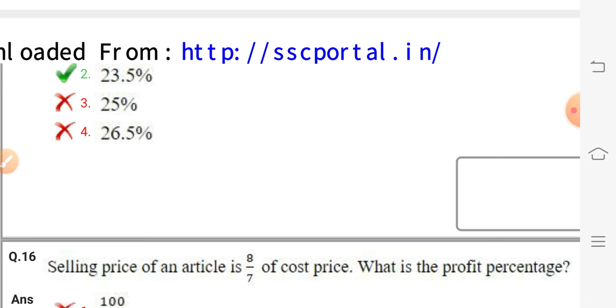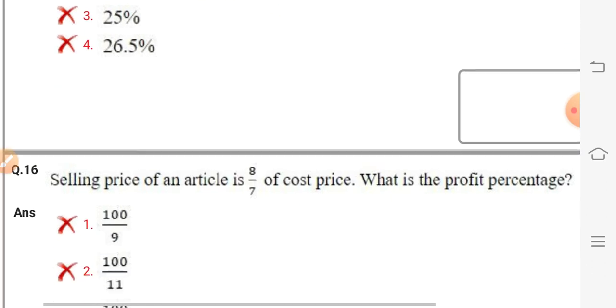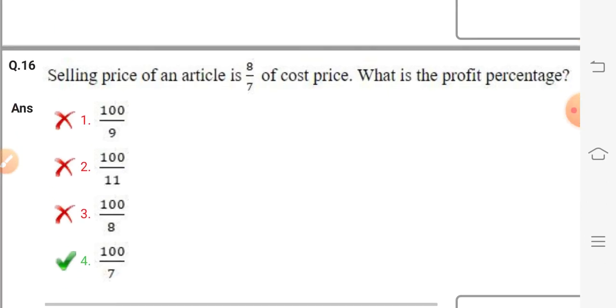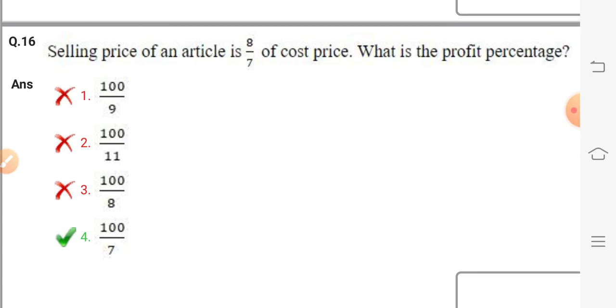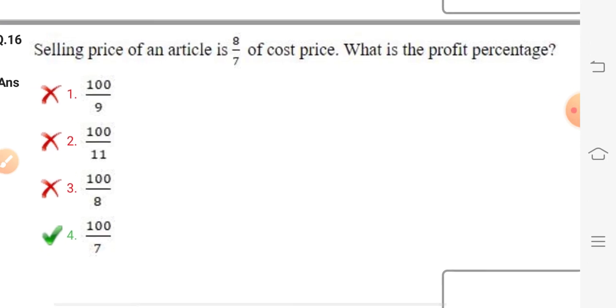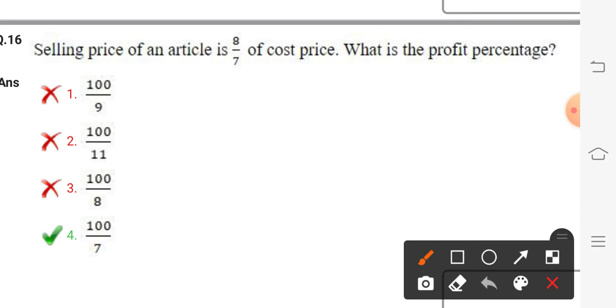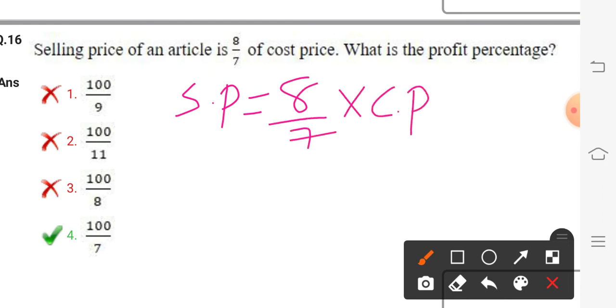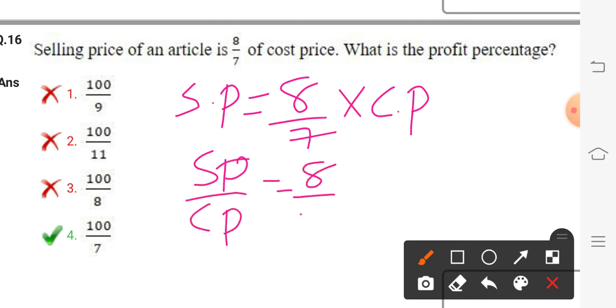Here, 23.5%. Next question. Selling price of an article is 8 by 7 of cost price. What is the profit percent? Selling price is equal to 8 by 7 of cost price. So selling price by cost price is equal to 8 by 7.